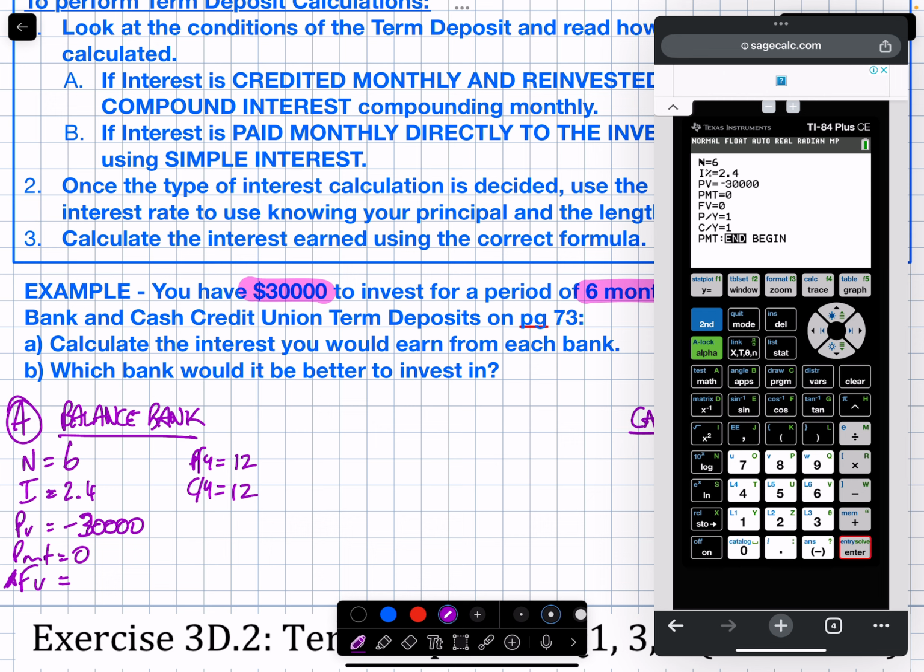No payments, 12 and 12. Alpha, Enter. That tells me it's going to grow to $30,361.80 to 2 decimal places. So therefore, $361.80 interest with Balance Bank.